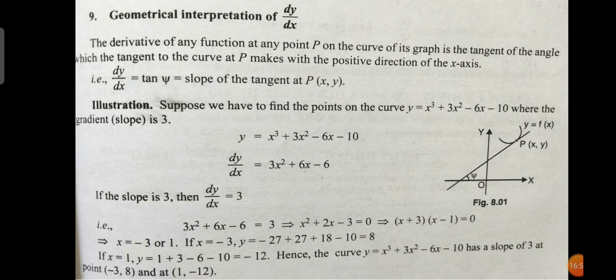You have to find x and y, the coordinates of that point. So y is given, you find the derivative dy by dx, and that derivative is 3, as the slope is 3. Then you equate that equation to 3, and you will get x.